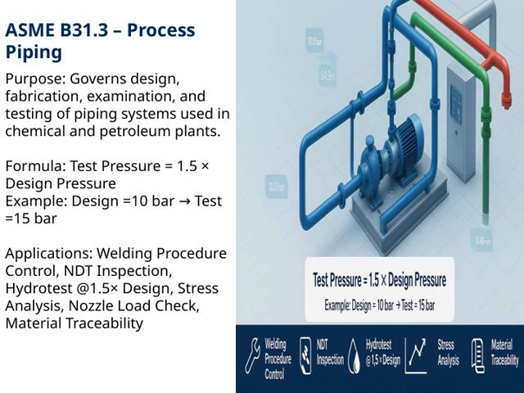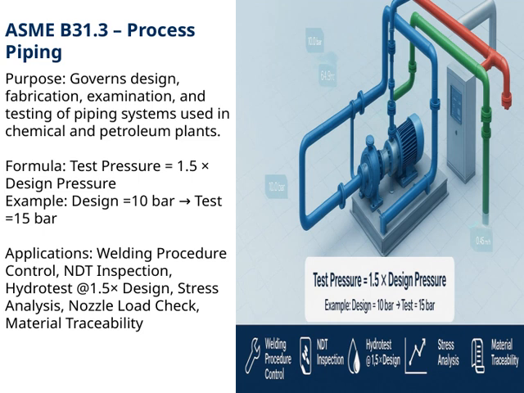Now, let's talk about some of the critical applications of this standard. It covers welding procedure control, which is essential to ensure weld quality. It also includes non-destructive testing, NDT inspection, to detect any flaws without damaging the pipe. Hydrotesting at 1.5 times the design pressure is a standard practice to verify the integrity of the system before commissioning.